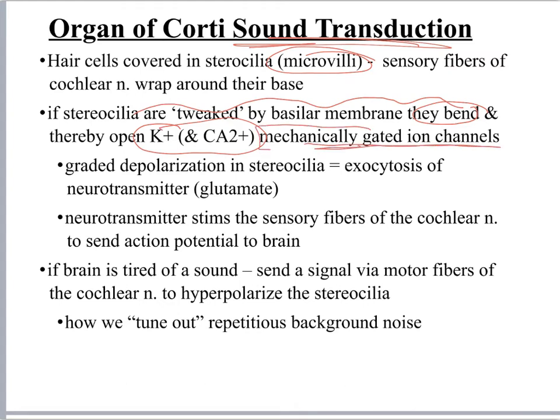So these are not chemical gates, these are mechanical gates. If that happens, you start a graded potential and you have exocytosis of glutamate, okay? And then those neurotransmitters stimulate the sensory fibers of the cochlear nerve, okay? Basically how it works, it's the same way with light, it's the same way with other types of transduction.